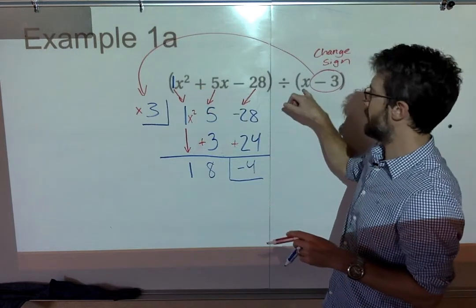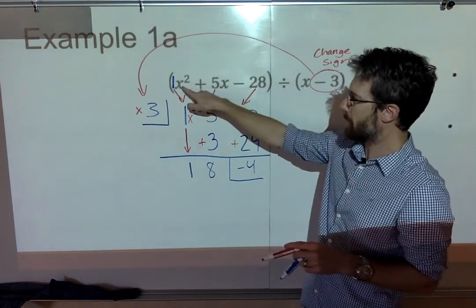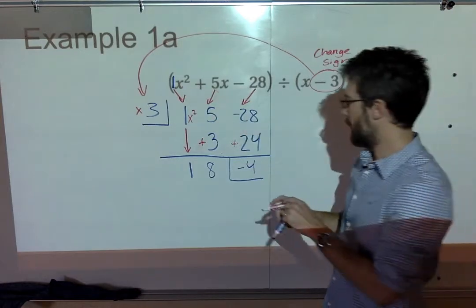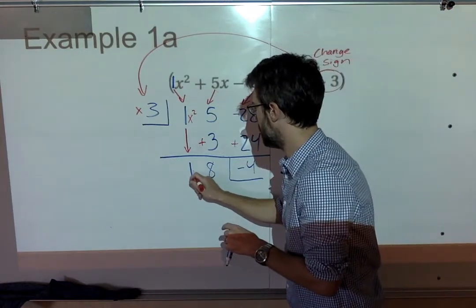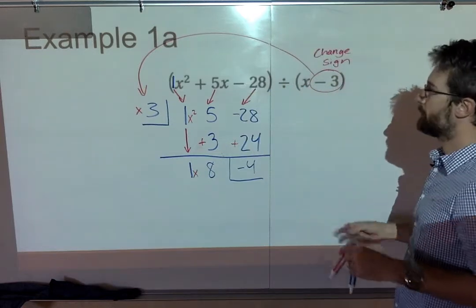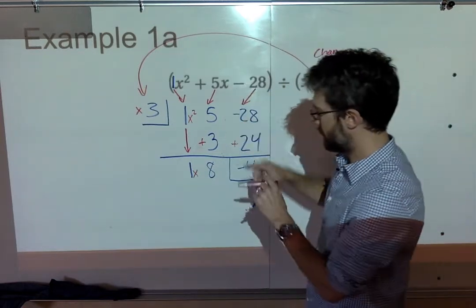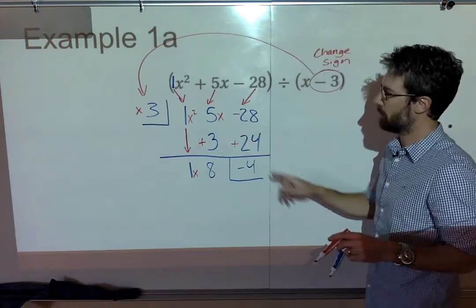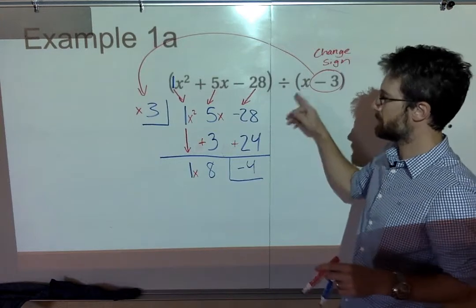Well, now if we divided that by x, if you divide x squared by x, you get x. It goes down by 1 power. So this 1 is the coefficient of x now instead of x squared. This 5, that was the coefficient for x to the first power. When you divide x by x, it cancels out and it goes away.